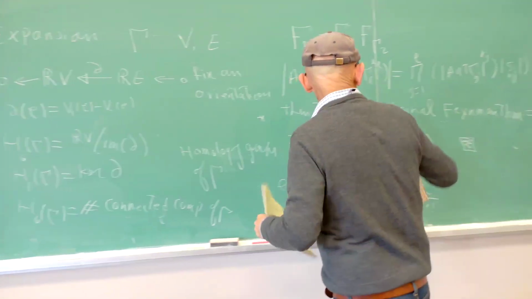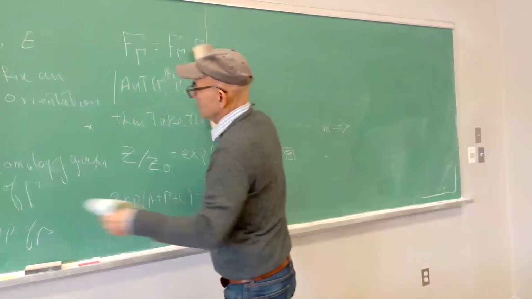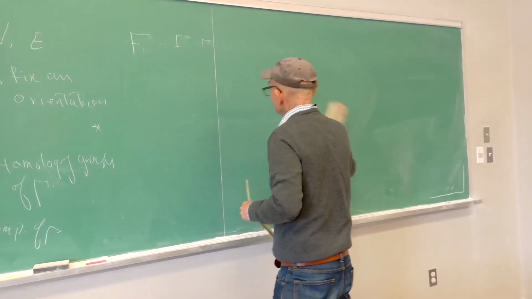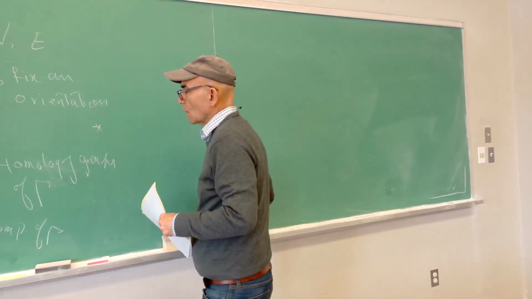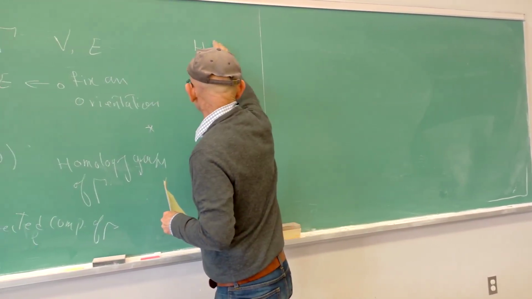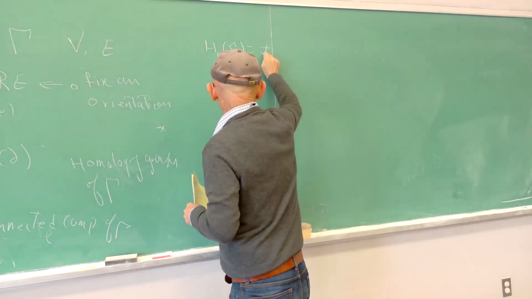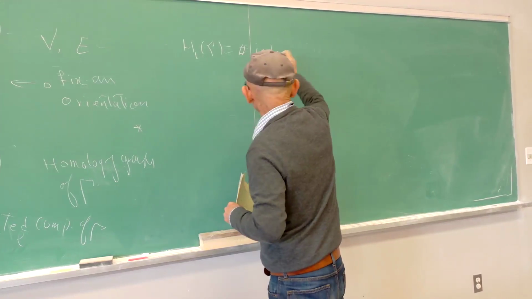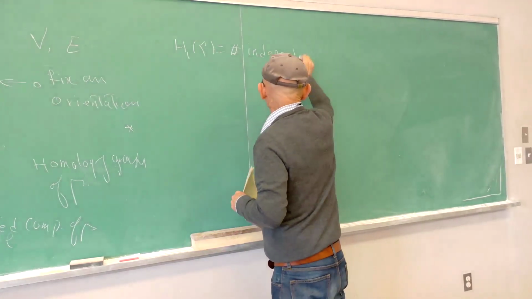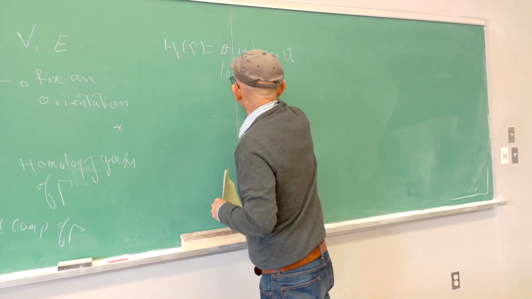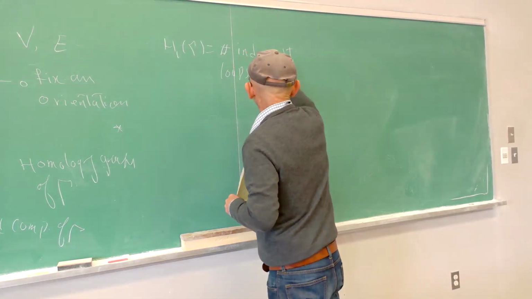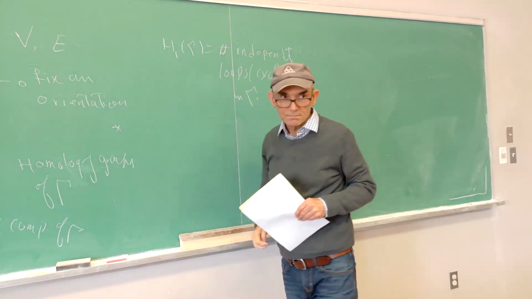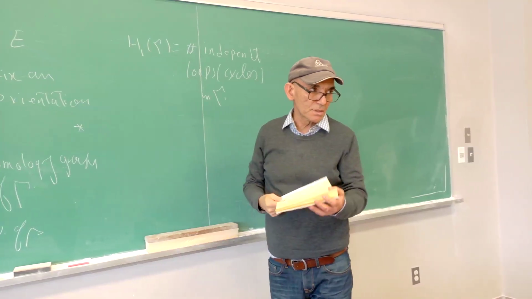These are intuitively defined usually, but here we can define it precisely. So H1 of gamma is the number of independent loops or cycles in gamma. That's what H1 of gamma is.